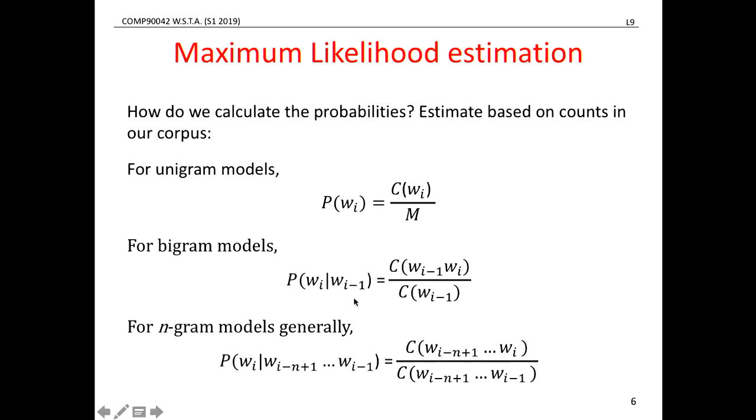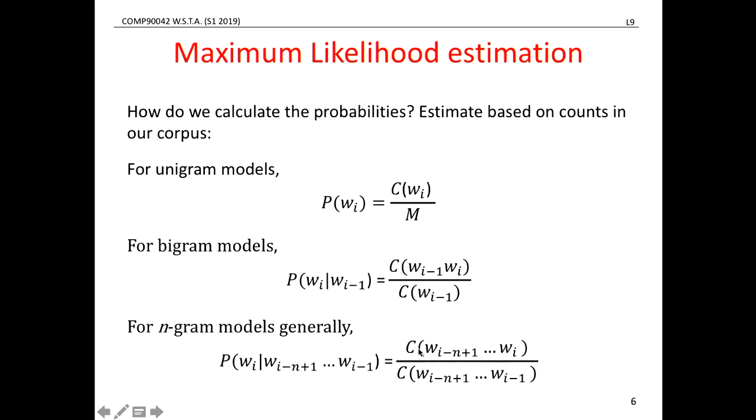So if we're talking about, say, cat as our previous word and our candidate word as sat, we're going to look at how often we see cat sat, divided by how many times we've seen cat on its own. And so if cat is a really common word, it has lots of things following it. Perhaps it'll have lots of other options other than sat. So the probability of sat given cat is going to be low. I should have chosen words that don't rhyme, because it just makes it hard. Okay, and in n-gram models generally, the same formula holds.